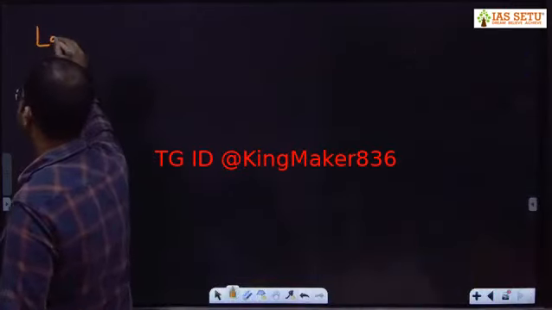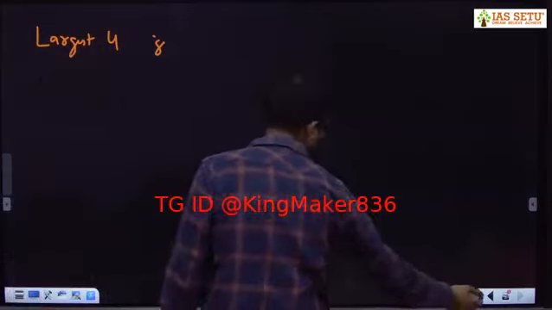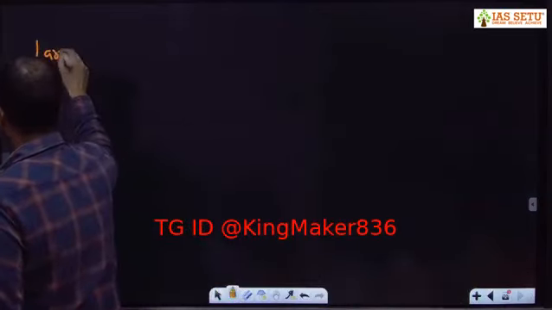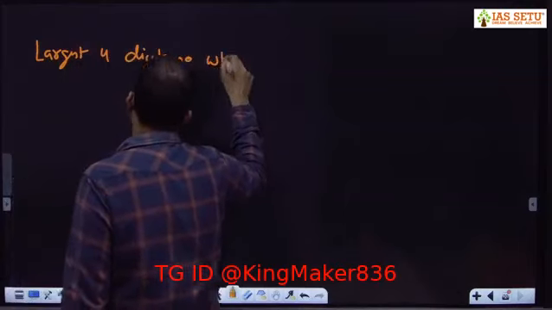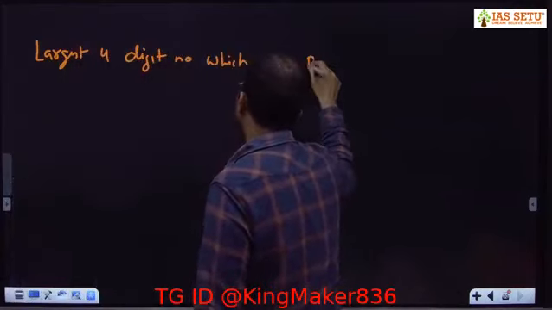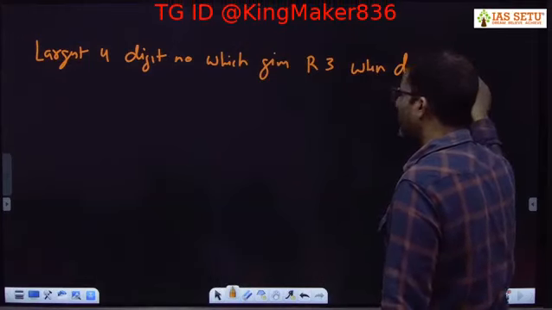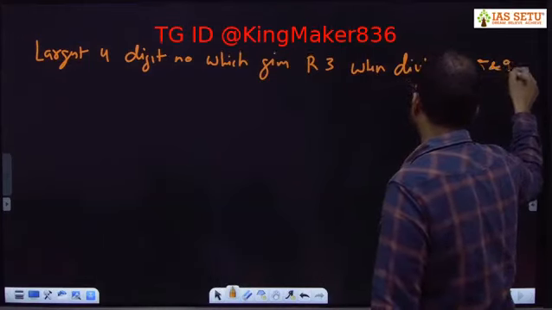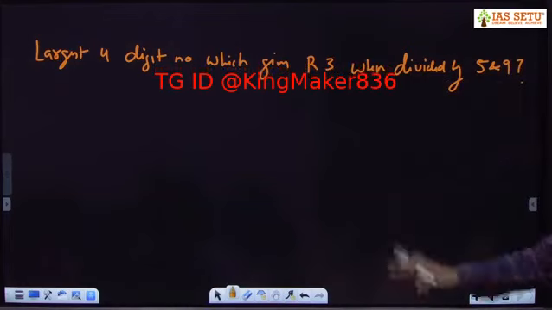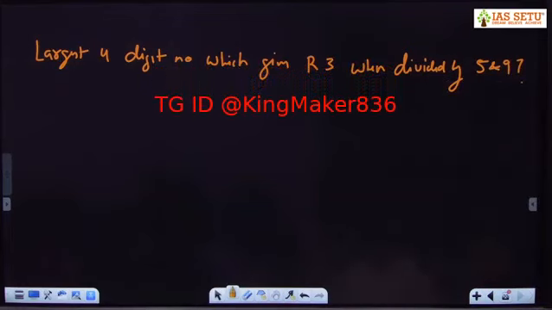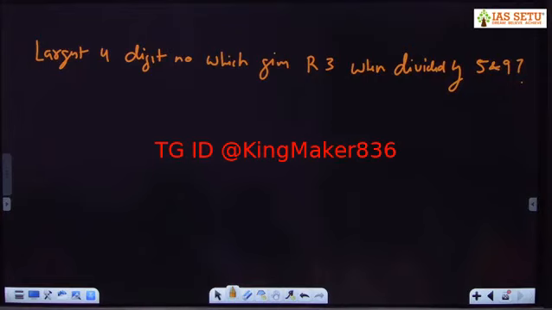Largest 4-digit number which gives remainder 3 when divided by 5 and 9. You find LCM of 5 and 9. Then find the largest 4-digit number which is divisible by LCM of 5 and 9. Then in the last step you add remainder 3 in that. Keep answer with yourself.